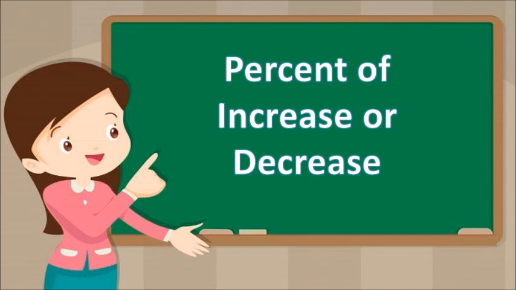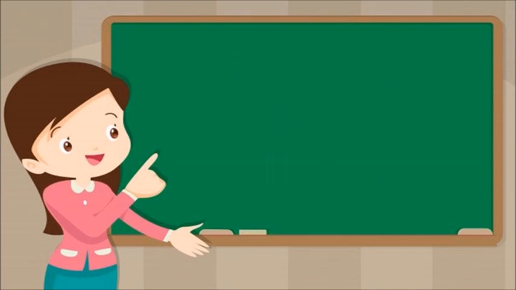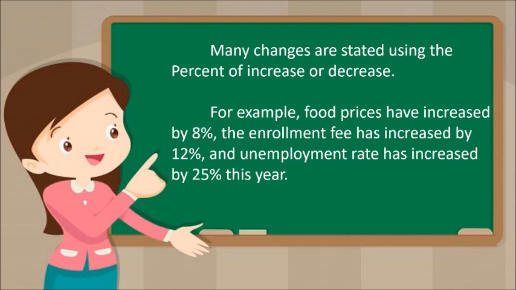Next is percent of increase or decrease. Many changes are stated using the percent of increase or decrease. For example, food prices have increased by 8%. The enrollment fees have increased by 12%, and the employment rate has increased by 25% this year.